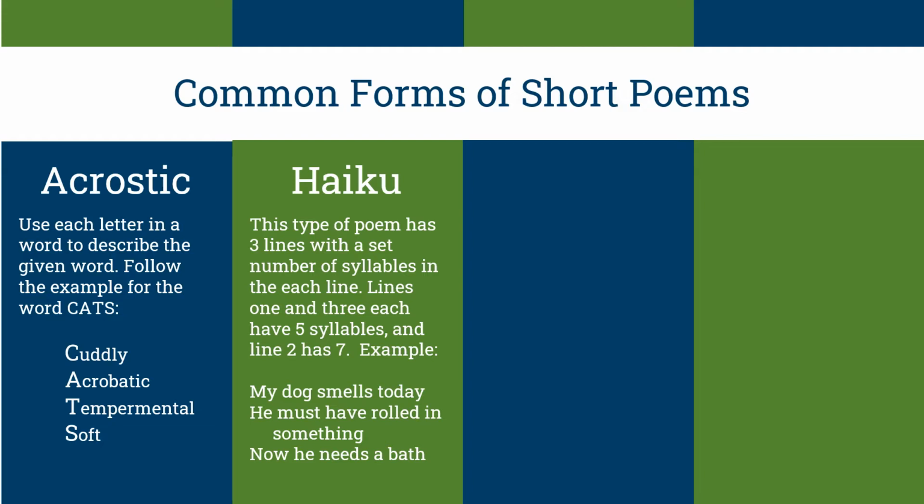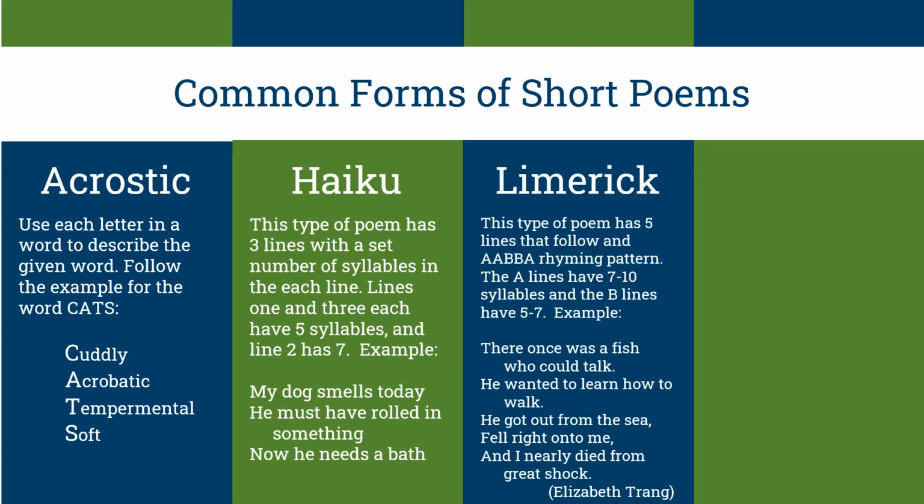Now the next one on the list is called the limerick. This type of poem has 5 lines, and they follow a certain line pattern. You'll have lines A and lines B. The A lines will have 7 to 10 syllables, and the B lines will have 5 to 7. And they follow this specific pattern.